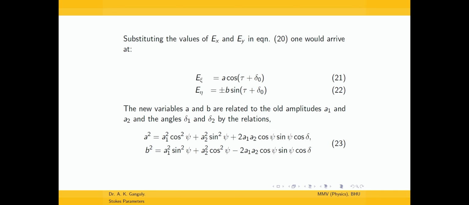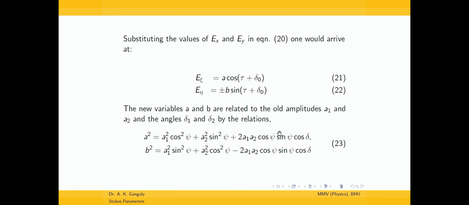What is important in this business is the relation of this newly found ellipse in a rotated coordinate system with that of the same when the system was not rotated.